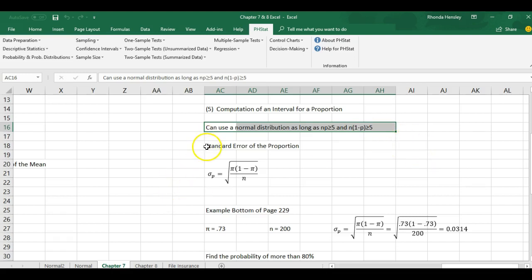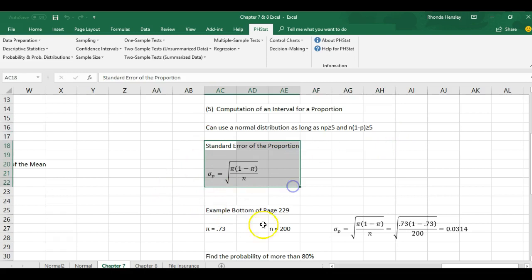Once you do that, you have to compute the standard error of the proportion, which looks a little different. So the standard error of the proportion says take the proportion, multiply it times 1 minus the proportion, divided by the sample size, take the square root of the whole thing. So in this particular problem, the standard error of the proportion is 0.0314.